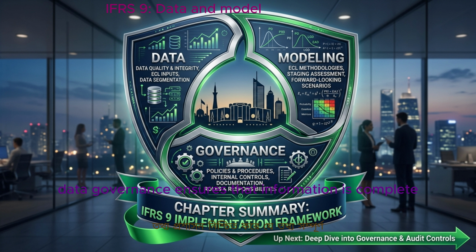Data governance ensures that information is complete, accurate, consistent, timely, and traceable. Model development covers PD, LGD, EAD, staging, forward-looking adjustment, and scenario weighting. Model validation, documentation, and governance are essential for audit readiness and regulatory confidence.